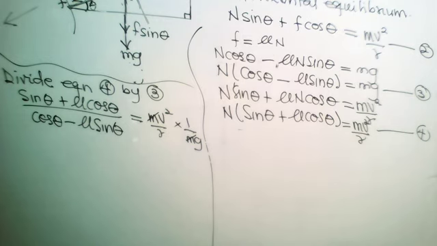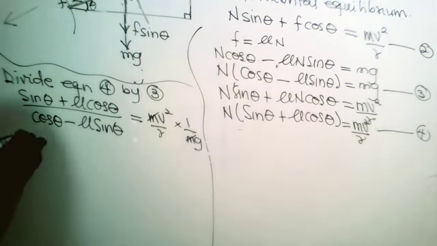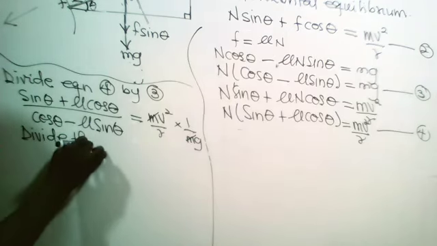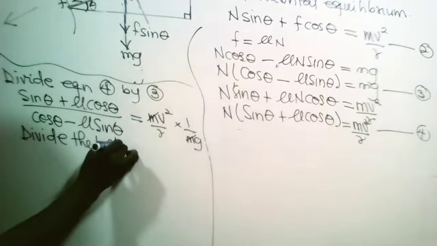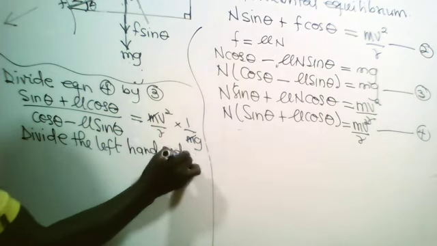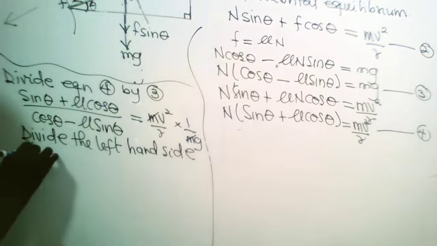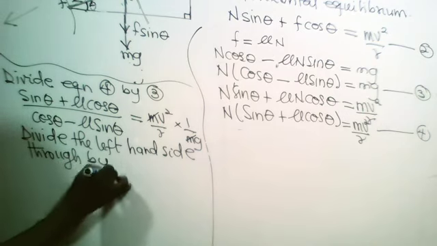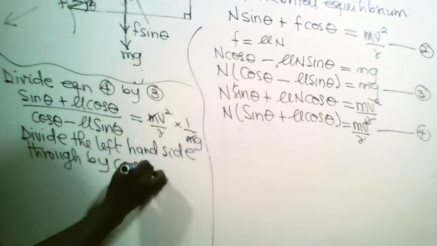Okay. Now the next step is to divide the left-hand side through by cos theta.